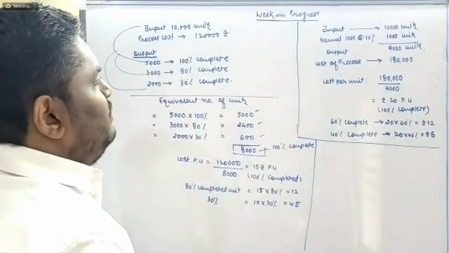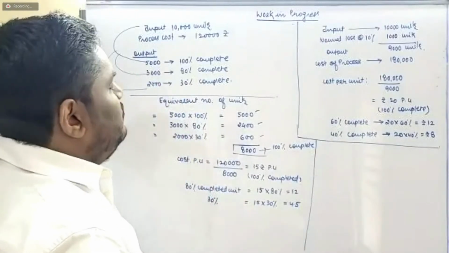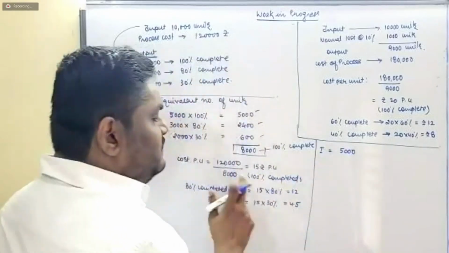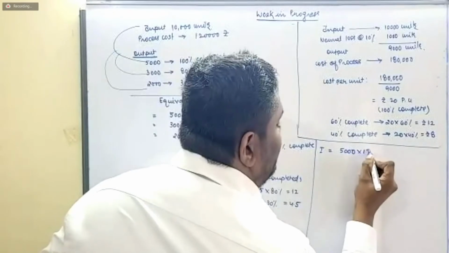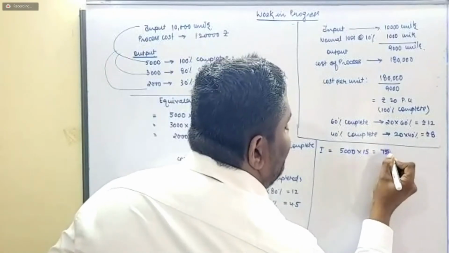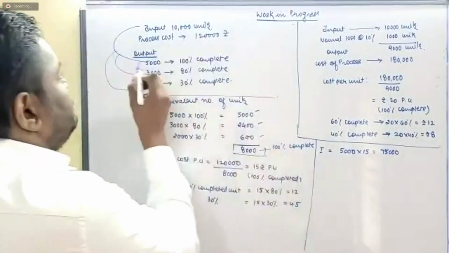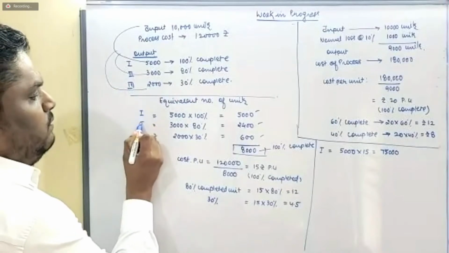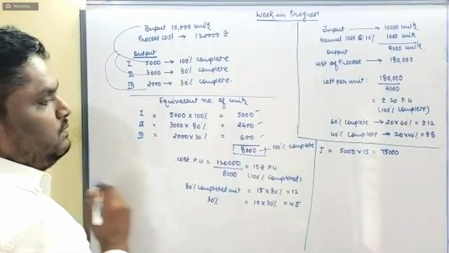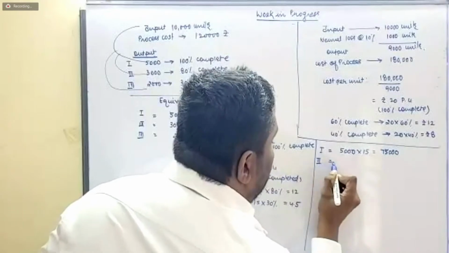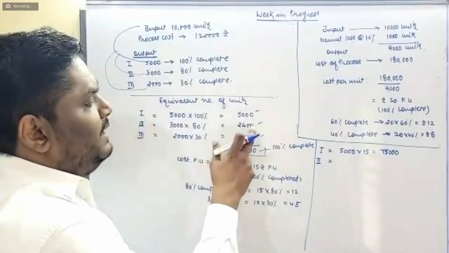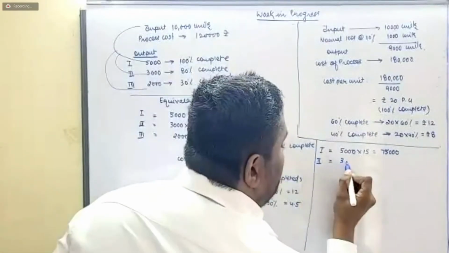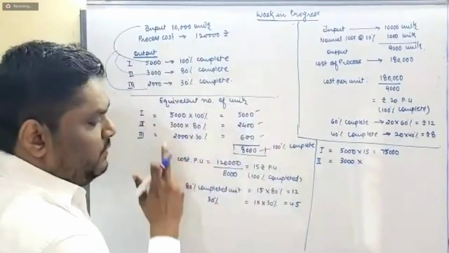So if we want to value this finished stock and the units that are transferred to the next process, the first category is 5,000 units. The cost for a 100% completed unit is what? 15. So the total cost will be 75,000. The 3,000 units that are 80% complete, the cost will be how much?